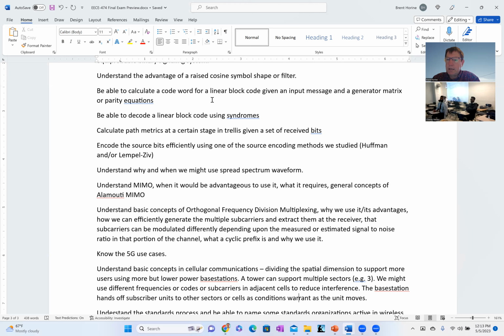And then each of those syndromes is going to correspond to a particular error vector, right? The error vector is going to indicate the most likely bit position of an error, right? It's not absolute, it's just the most likely place, right?